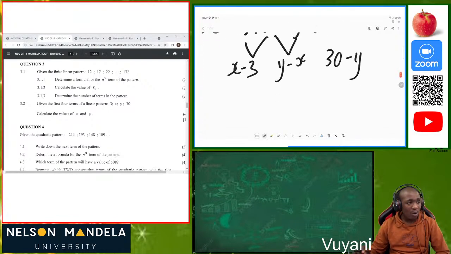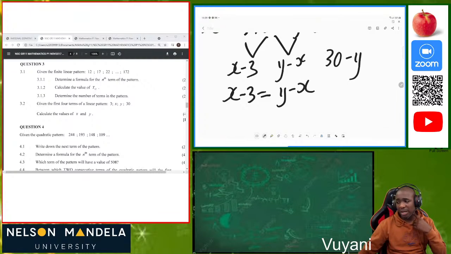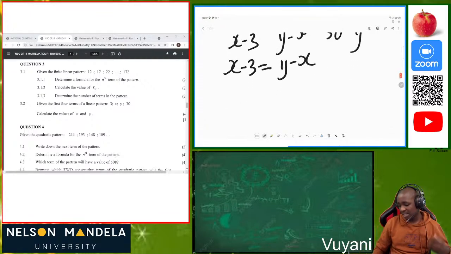We know that the constant differences of a linear pattern are the same, so we can automatically say that x minus 3 is equal to y minus x. Then after that, you can solve this simultaneously. So when we transpose x to this side, we're going to have 2x minus 3 is equal to y.